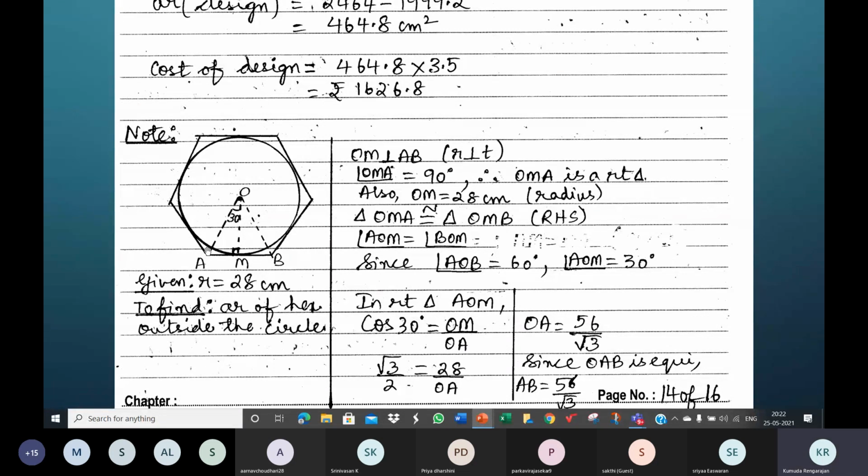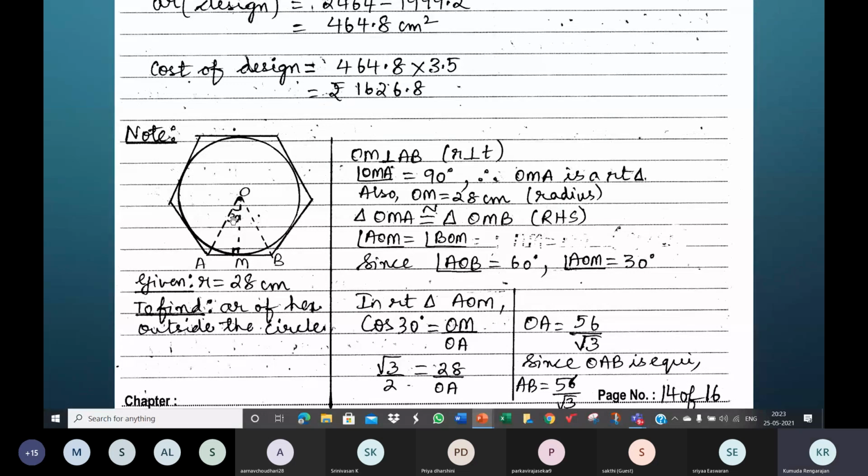It's an equilateral triangle. OA is also AB. OA is not the radius of the circle. OA, AB, and OB all are the same because it's an equilateral triangle. So you can find OA, which will be AB.